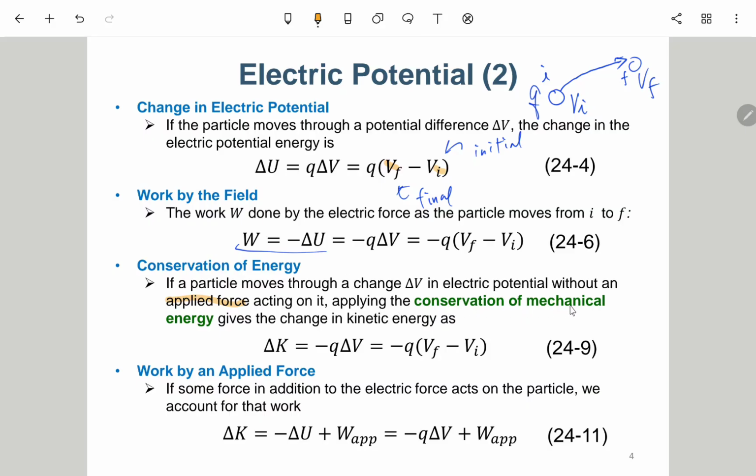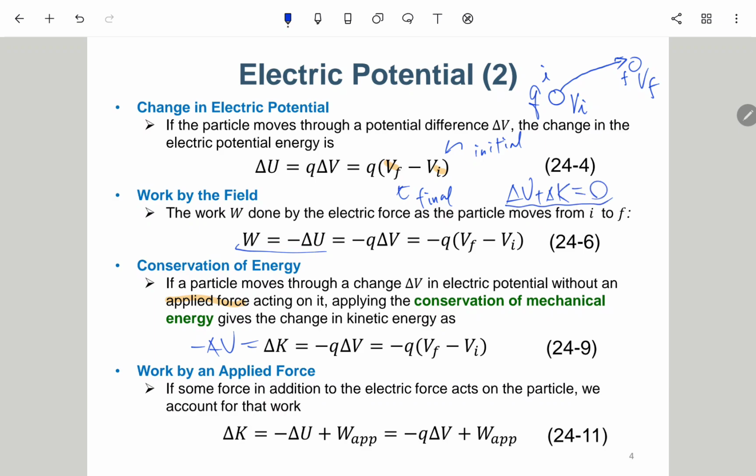Applying the conservation of mechanical energy, it gives you delta K equals negative delta U, or delta U plus delta K equals 0.